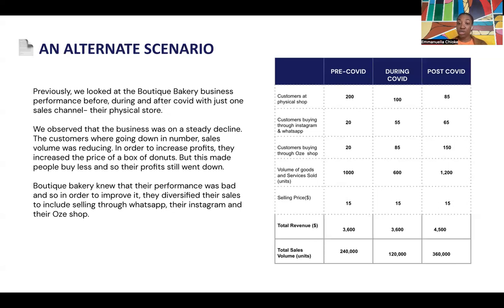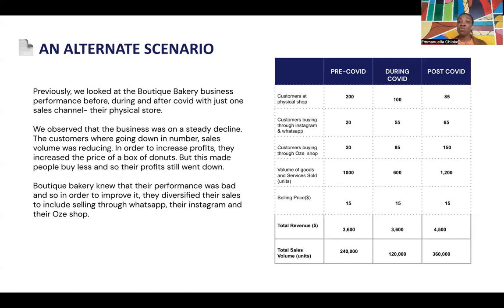One of the things I want to highlight here is when calculating total revenue, in the previous case, we saw that total revenue is calculated by multiplying the number of customers at the shop, so the number of people that you sold to, times the selling price. And so what we would do here is that we would add the 3 different customers.